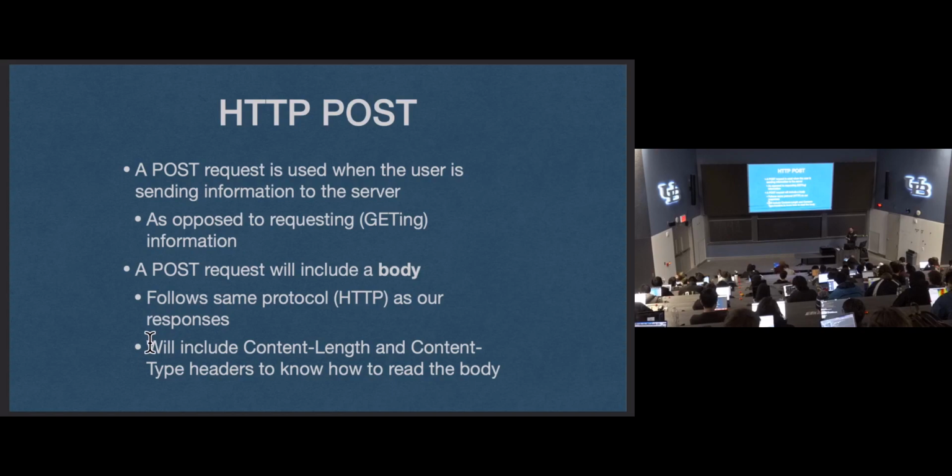They're guaranteed to have those because if you have any content in the body of your request or response, you have to have those two headers to tell either the server or the browser a bit of information about what that content is. How many bytes are there, and what's the type of this content? How should it be read? How should it be parsed? So you'll see those things in the same format as your responses.